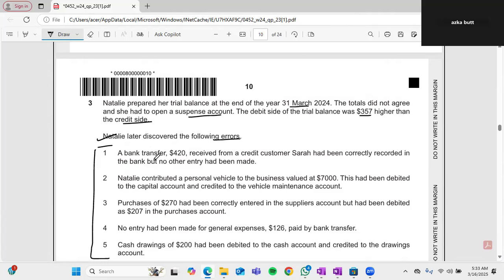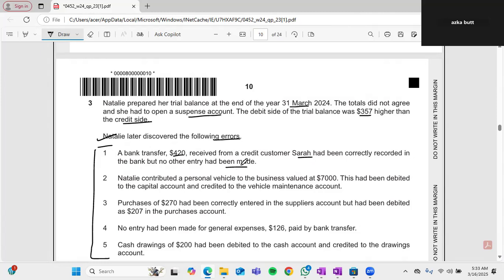First of all, we have a bank transfer of $420 received from a credit customer, Sarah, that had been correctly recorded in the bank, but no other entry had been made. So it means that because she was a credit customer, now Sarah has paid the amount. So we have to decrease the customer.